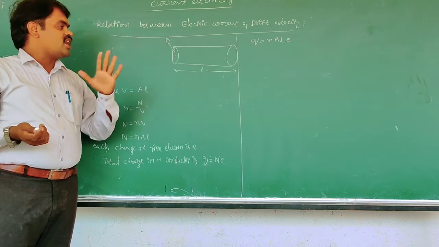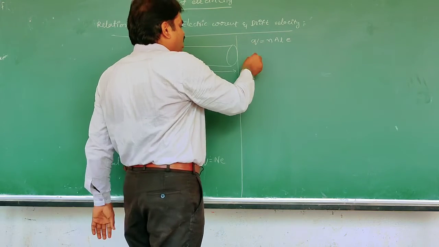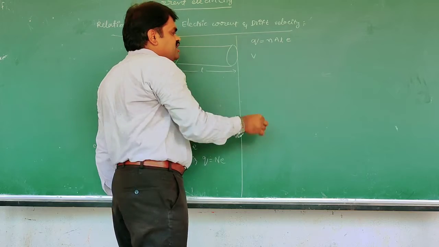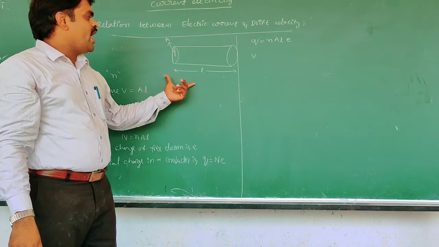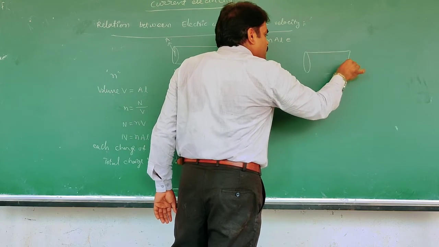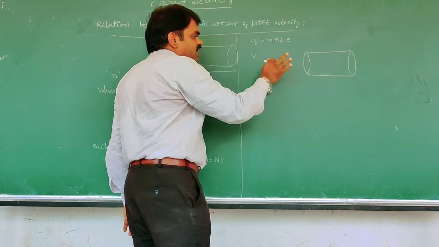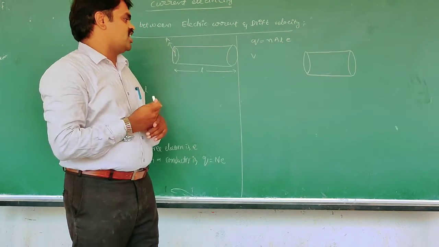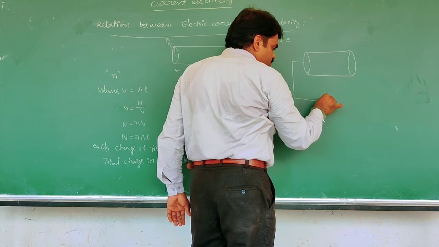Here, when we apply the electric potential V across the ends of the conductor by using the battery, then the electric field will be set up in the conductor as shown in figure.